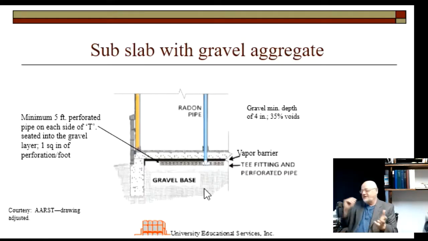There are 1 or 2 additional features here that I'll point out to you as we go along. But fundamentally, that's all additionally that you would need to do if you're using a gravel aggregate, the vapor barrier, and the concrete slab. So not particularly difficult and not particularly expensive either.